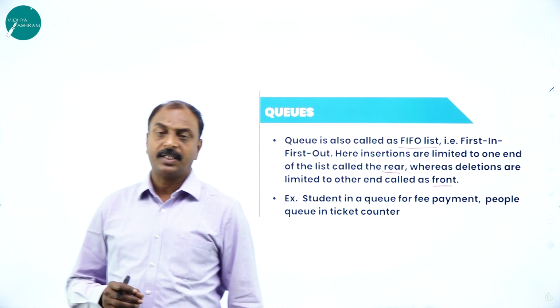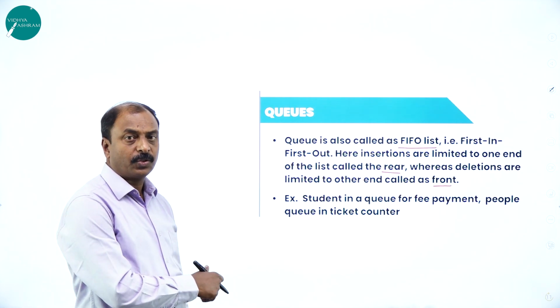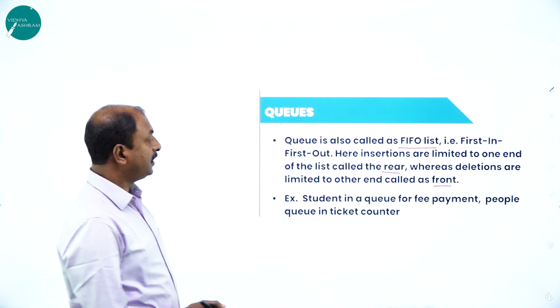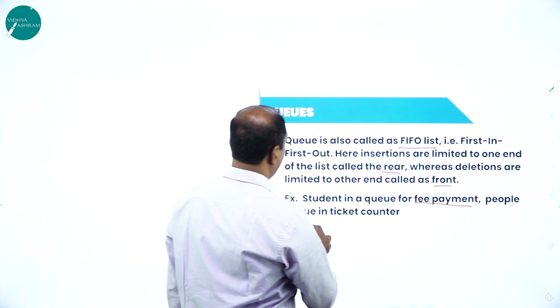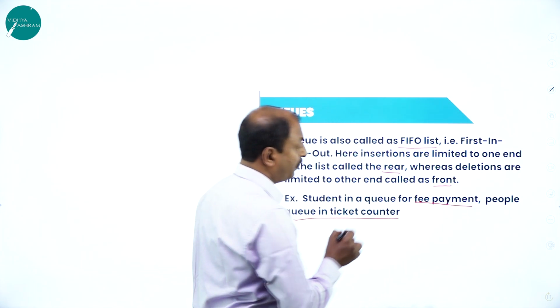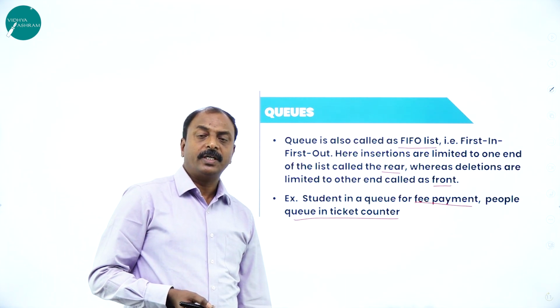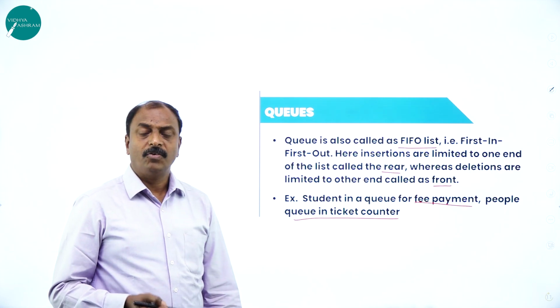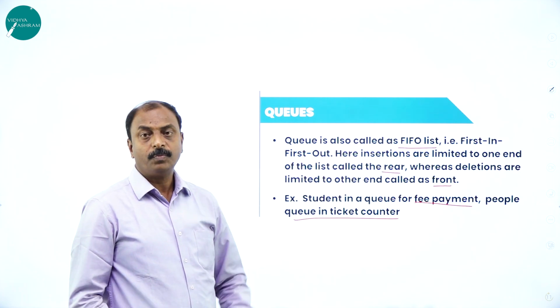Examples are students in a queue for fee payment, or people in a queue at a ticket counter. Here, the first element inserted will be deleted first. That is the meaning of the FIFO principle.